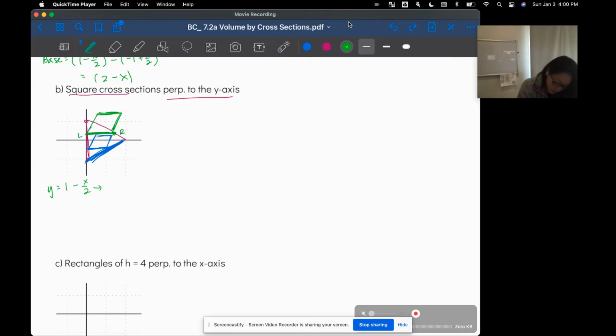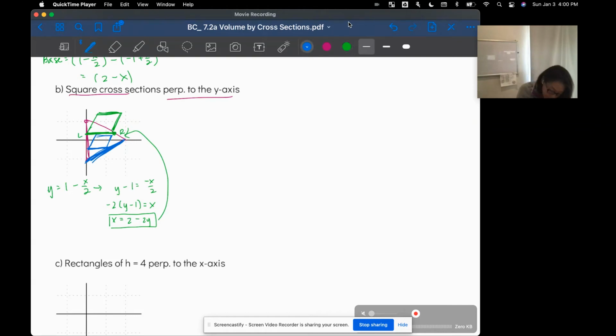Okay, so y minus 1 is equal to negative x over 2, multiply by negative 2 to give me x is equal to 2 minus 2y. So we have to write our top line in terms of y.